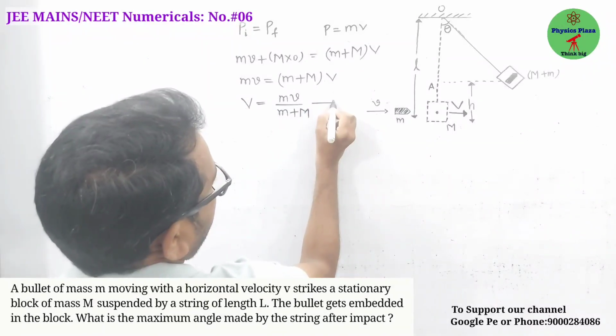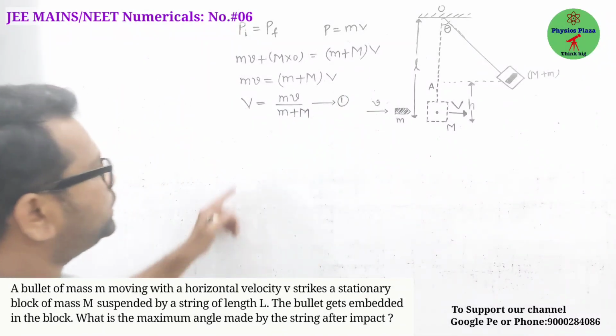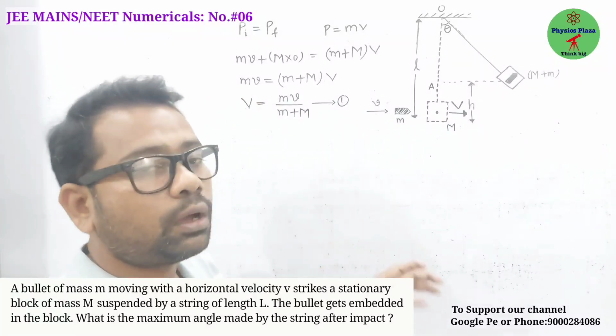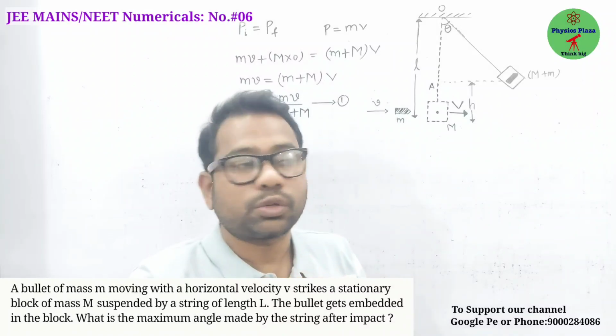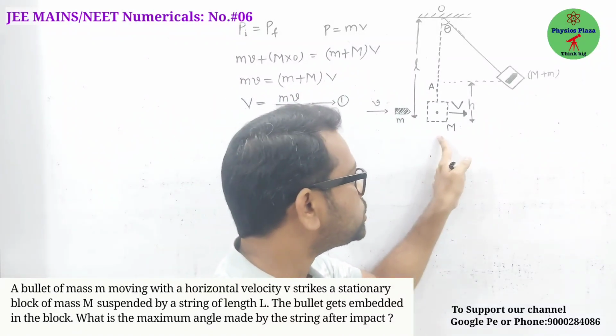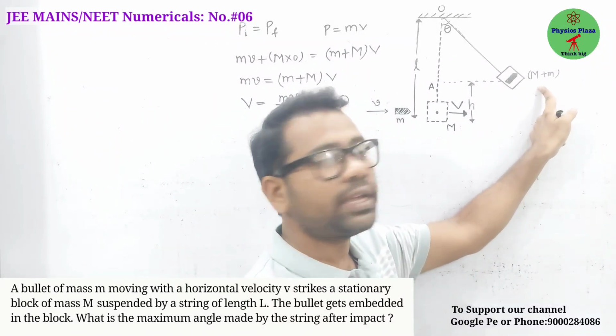Let us call it equation 1. This is the velocity of the bullet and block together, and with this velocity it moves so that it is raised to a height h.